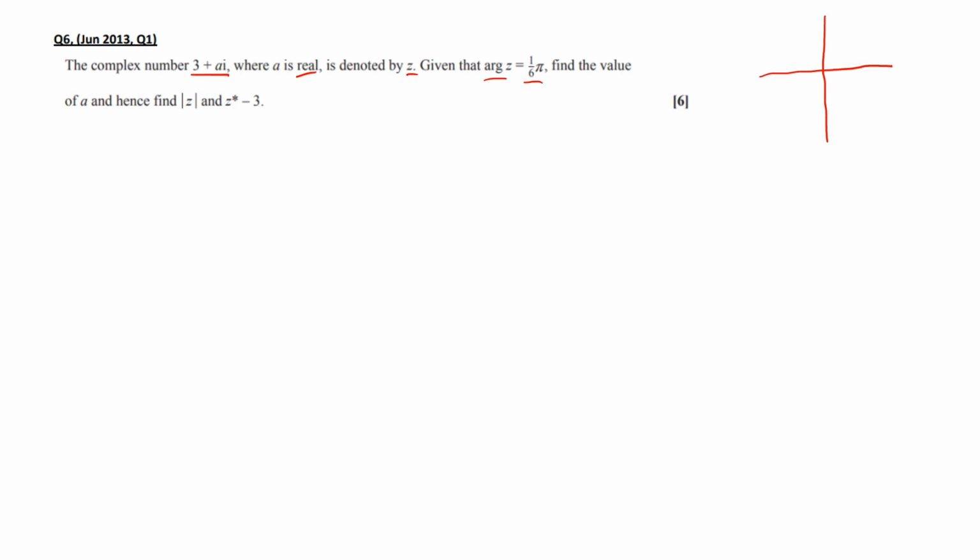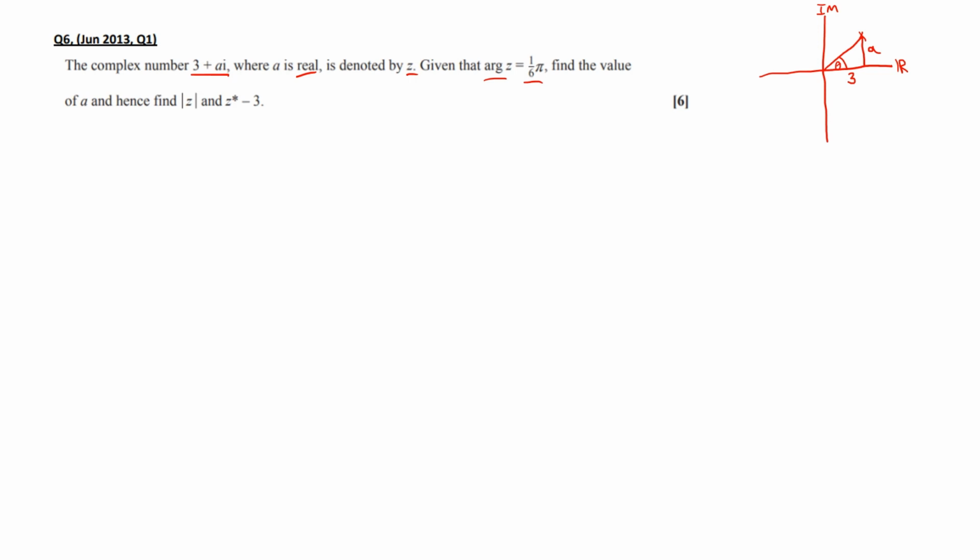So let's say if we go 3 across, and let's just say a is here. Right, so we're going to draw this triangle. We're going to call this a, and we're going to call this 3, because this is our real axis and this is our imaginary axis. So we can say that the arg is this angle here. So if we're trying to find arg z, it's going to be theta.